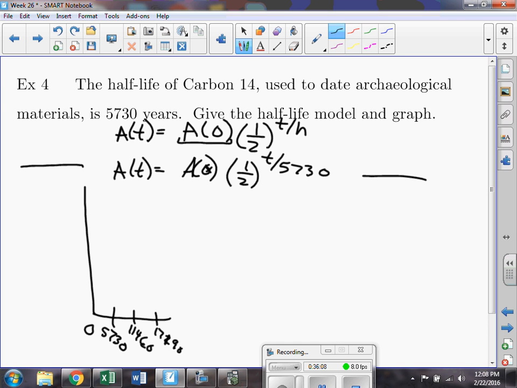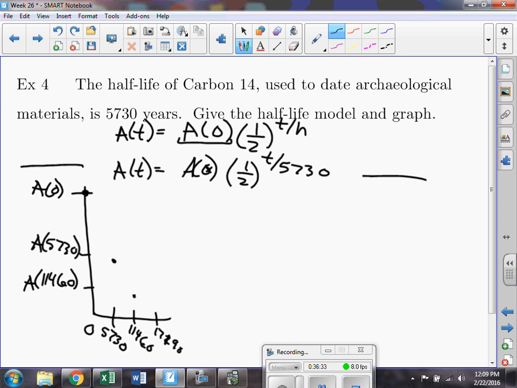And we'll start up at the top for our initial population. At a time of 1, it got cut in half. At a time of 2 half-lives, it got cut in half again.